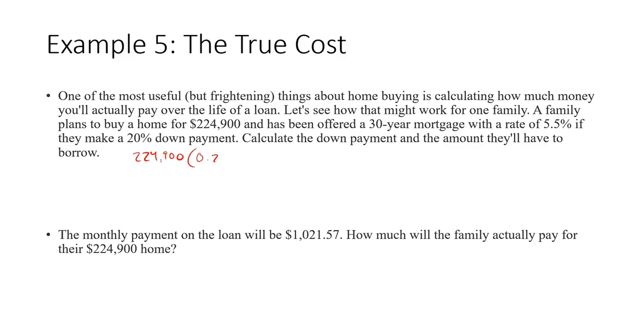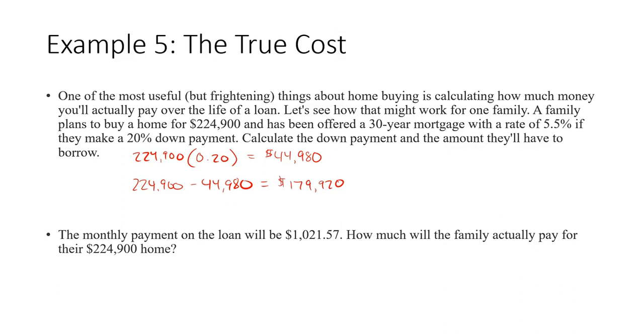If we want 20% of that for a down payment, then we're going to have to come up with $44,980. The amount you would then have to borrow is the cost of the home minus the down payment. And so the amount you need to finance, $179,920.